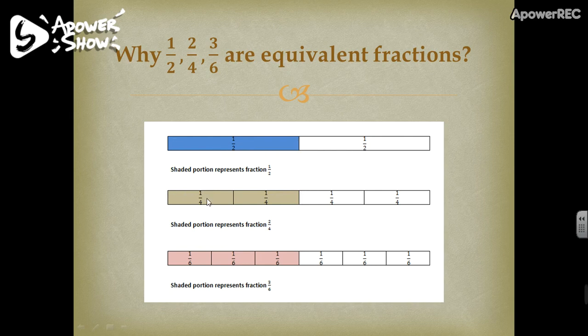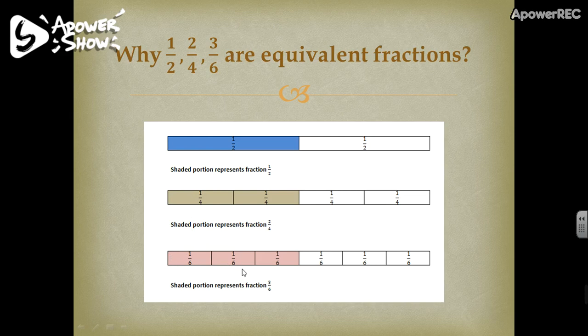So although their numerators and denominators are different, they are representing the same value. 1 by 2 is half of this rectangle. Similarly, 2 by 4 also represents the half portion of this rectangle.